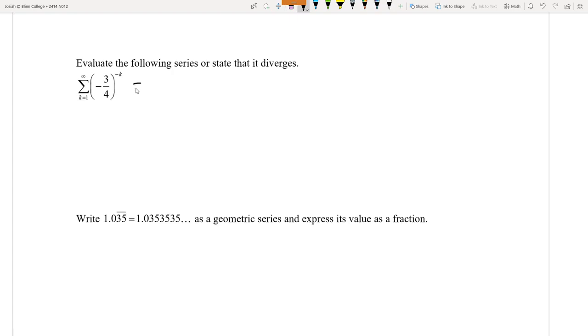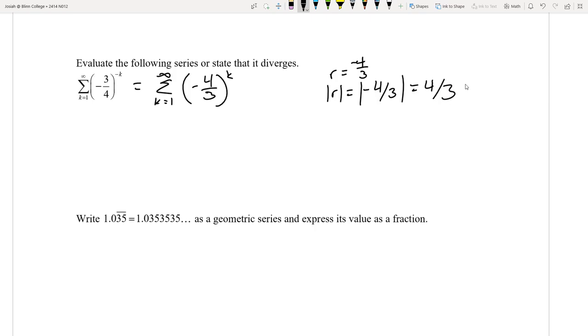Again, we want to take this and convert it into our standard form for a geometric series. To do that, all we need to do is flip the fraction, and now it's to the k power. So we can examine our r. R is negative 4/3. So the absolute value of r is 4/3, which is greater than 1. Therefore, we know that this series must diverge.